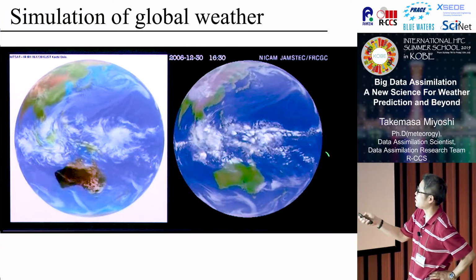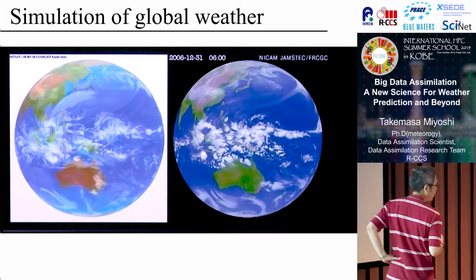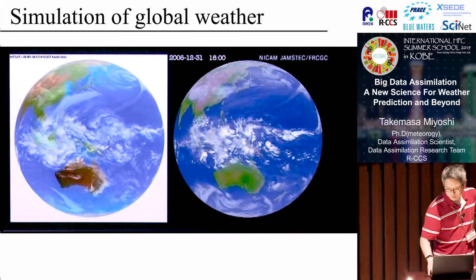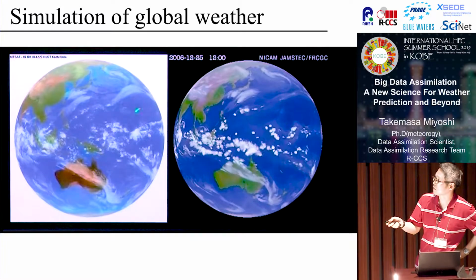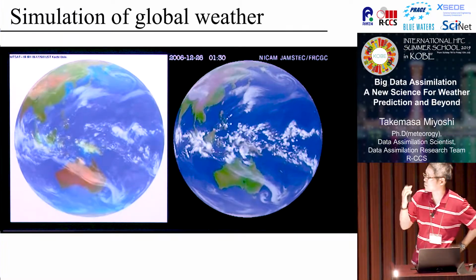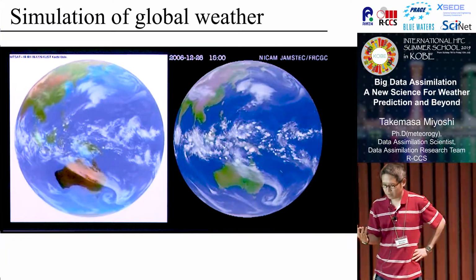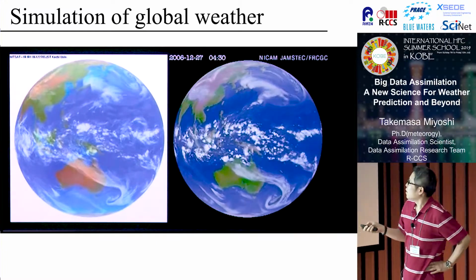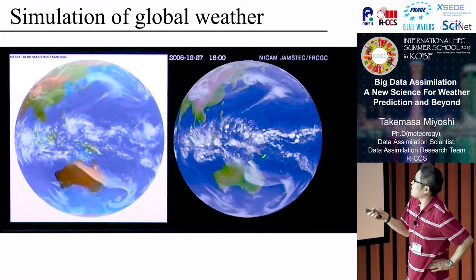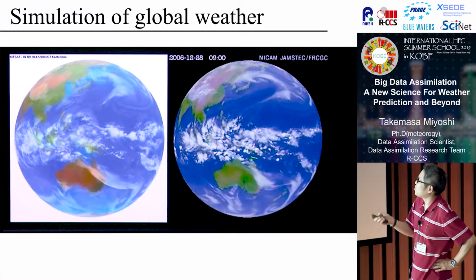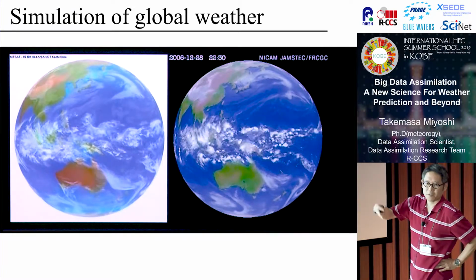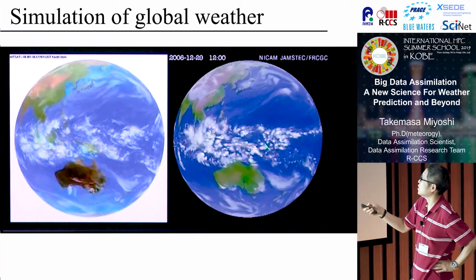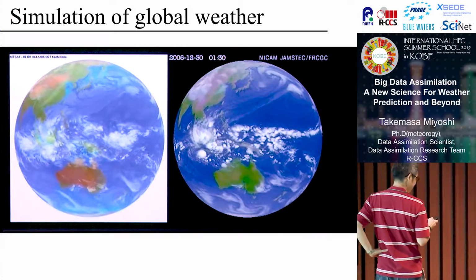That's why at the beginning we have some strange jump. You can see this, yeah? This is the typical problem when we initiate the model. And then it's harder to see the differences, because this has 3.5 kilometer physics inside, so we can see the detailed structure of the clouds.